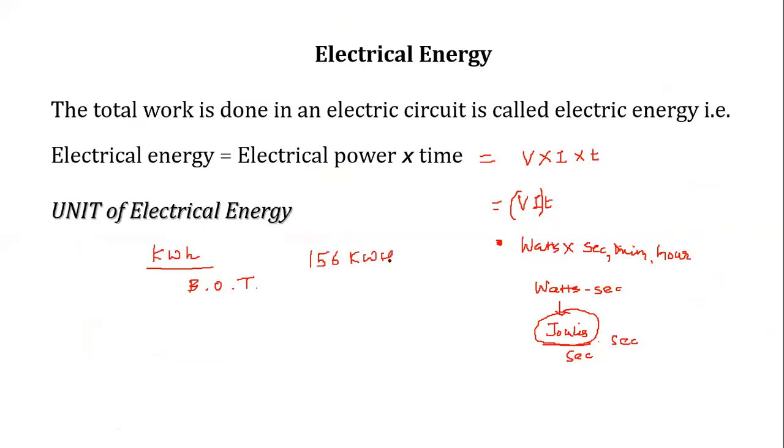What is this? 156 kWh, right? This is the total units. And then say 6 or 7 rupees per kWh is the cost of electricity. Then you can multiply this with this one. There are variable costs and there are constant costs, but then you can multiply this and you get the bill, right? So that is why it is called board of trade unit, right?